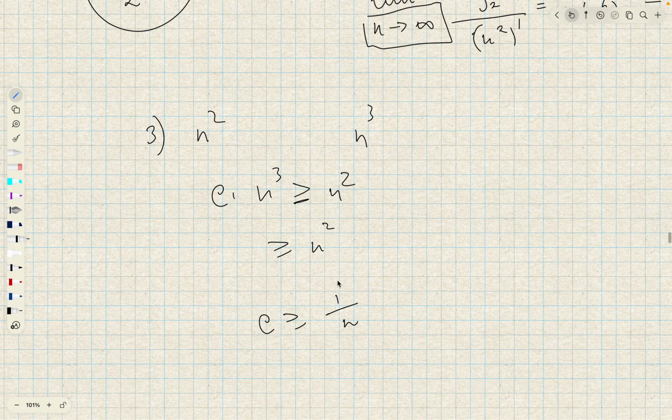Now we have this. So as n goes to infinity, it becomes 0.